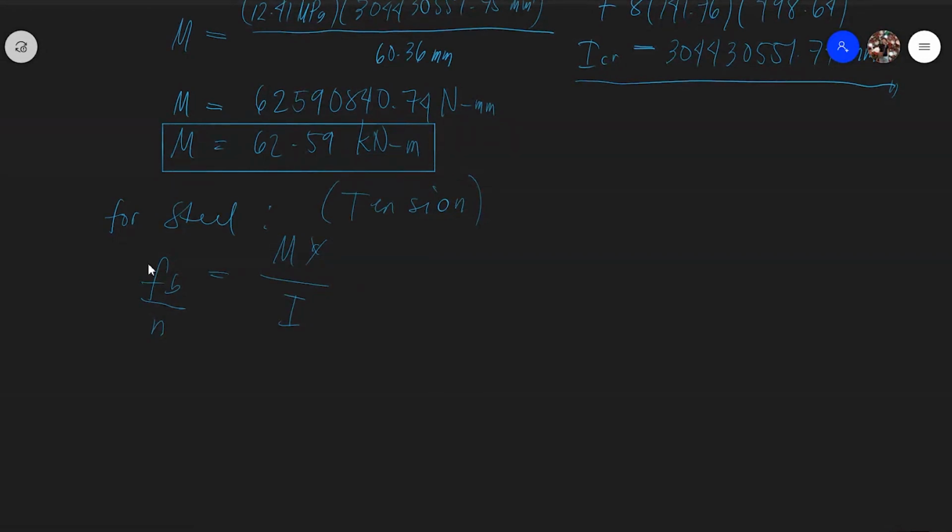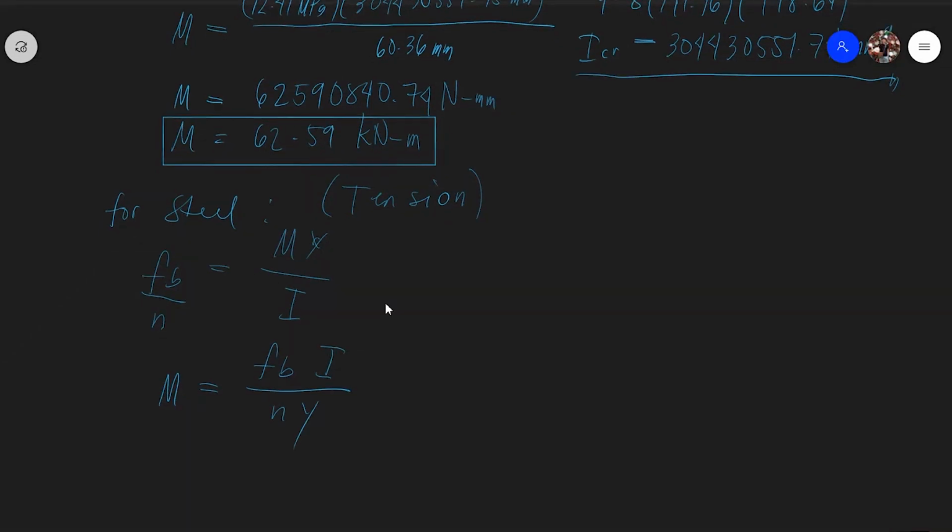So rearranging this equation and solving for the value of M, you will get M is equal to FB times I over NY. So this will be your working equation.